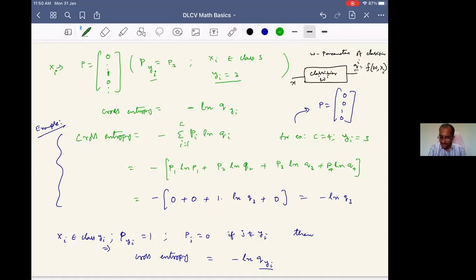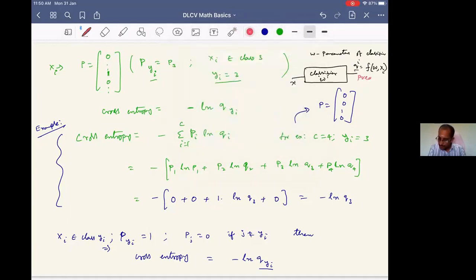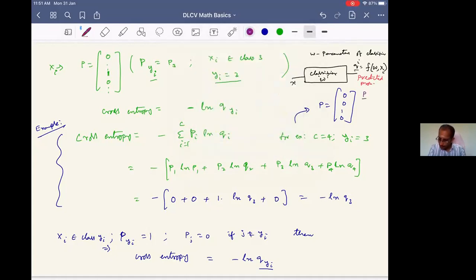This is what gives the predicted probabilities, and then you have the underlying true probability. The loss computes how much these two are similar or dissimilar.